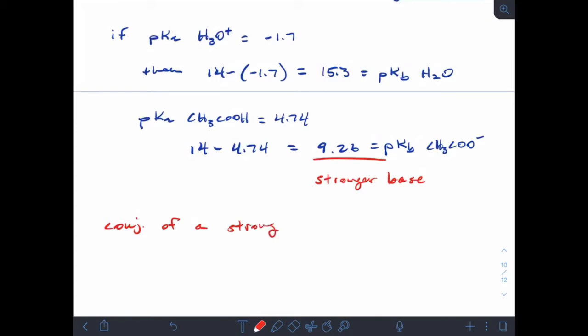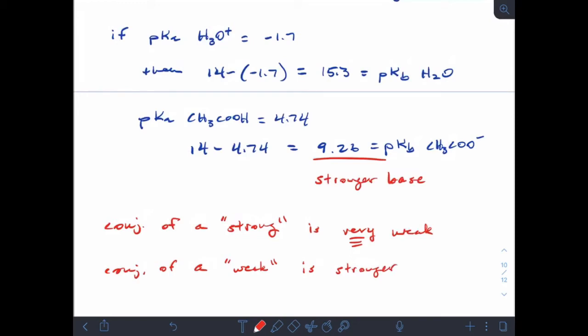We can say strong acid or strong base, so just the conjugate of a strong one is very, very weak. Whereas the conjugate of a weak acid or base is stronger.